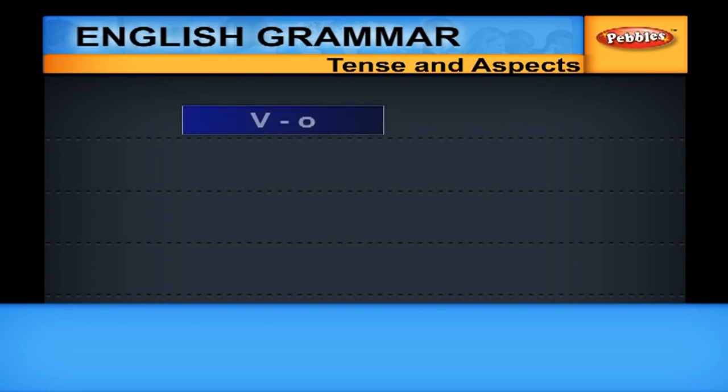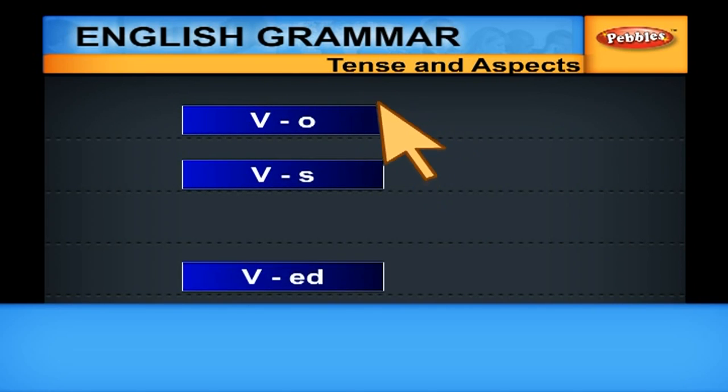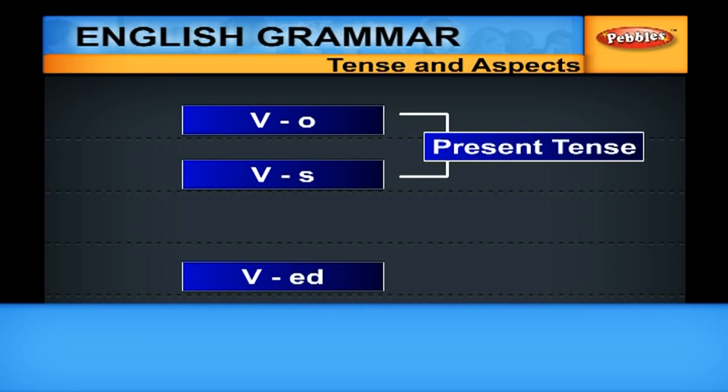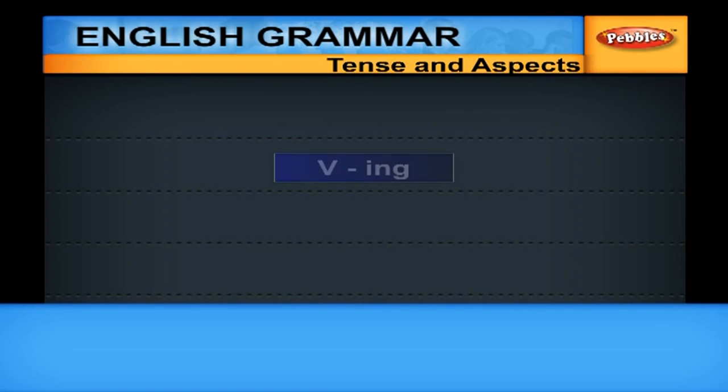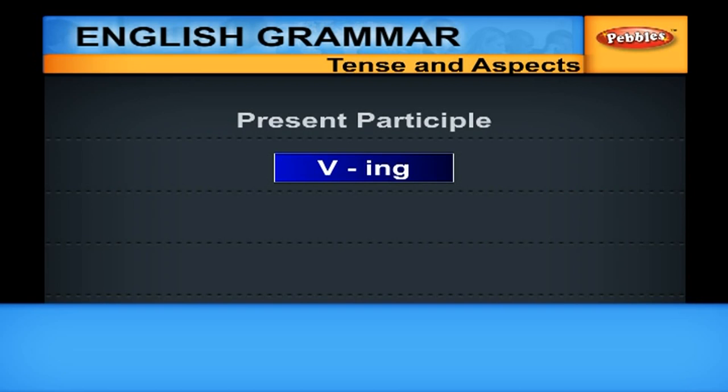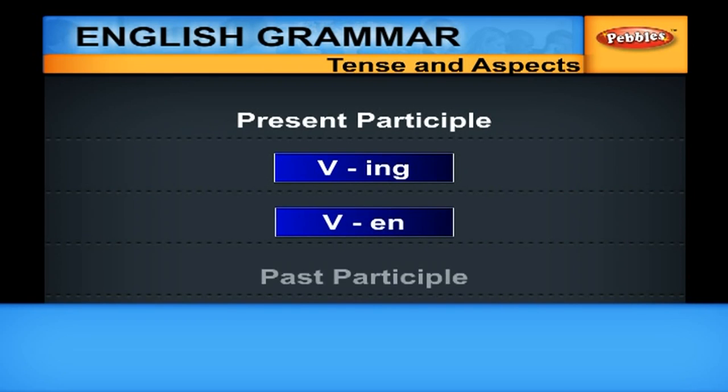So, this is what we mean by verbal paradigm. VO, VS, VED. VO, VS, present tense. VED, past tense. Finite verbs, independent lexical items. VING, present participle. VEN, past participle.